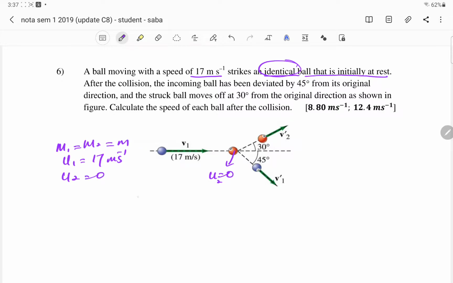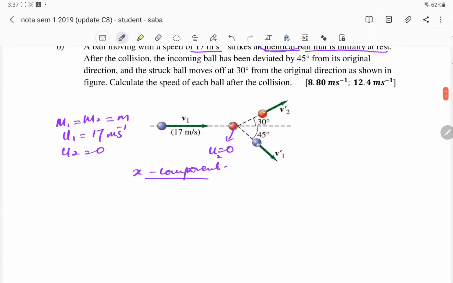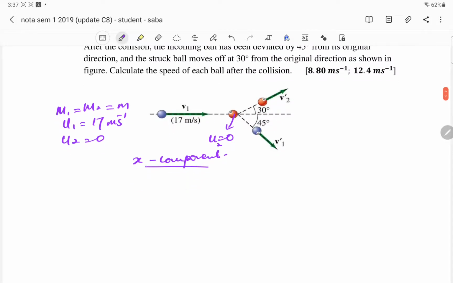So again we apply the formula for momentum, but you have to resolve into two components, which is x and y. Summation p initial x equal to summation p final x. So write it again, don't be lazy to write it, you have to write this, it's for your marks too.